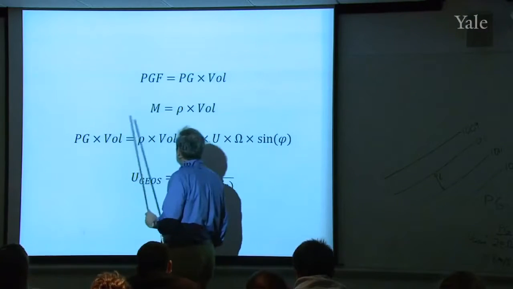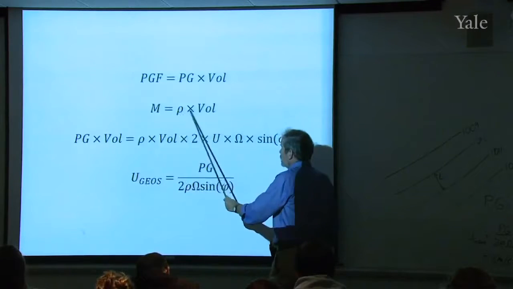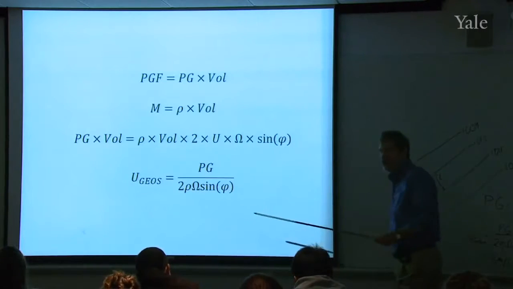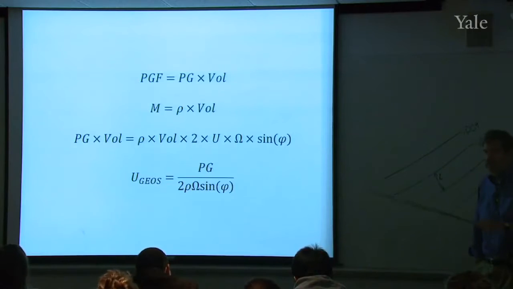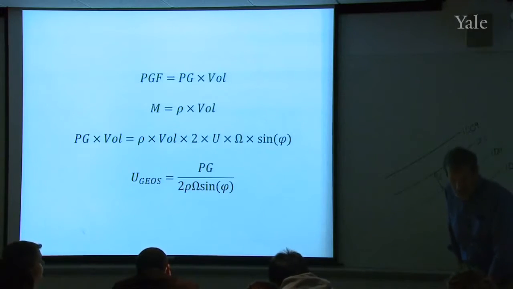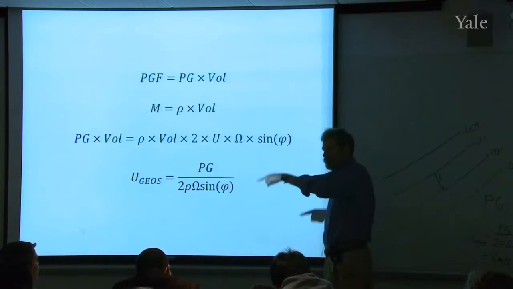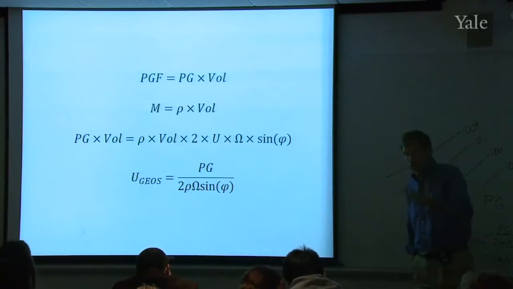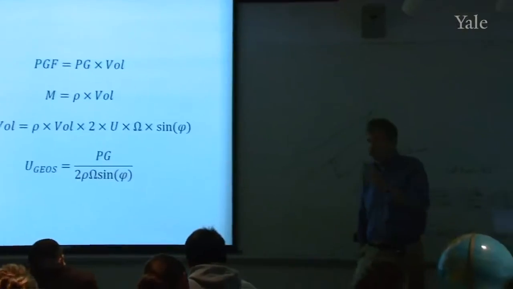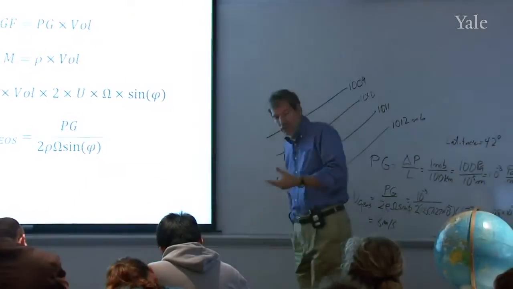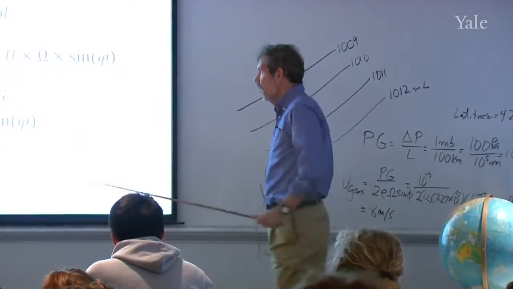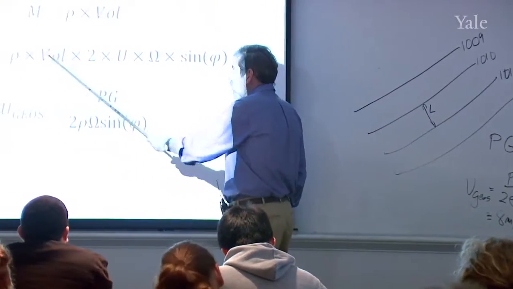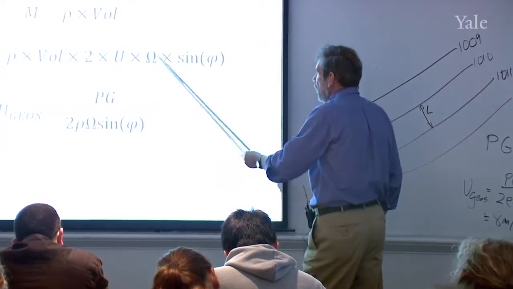But for mass, I've put in the product of the density and the volume of the air parcel that's being considered. So now we're not considering any old object. It's not a car. It's not a freight train. It's not a howitzer shell. It's a little chunk of air. We're trying to come up with a geostrophic balance formula for a chunk of air. And rho is the density of that air, volume times 2u omega sine theta.